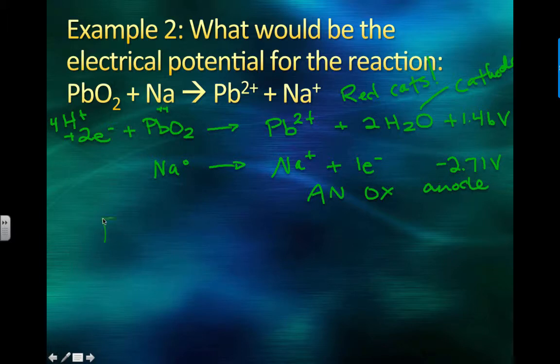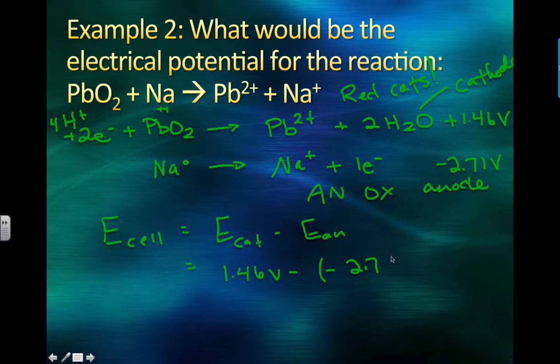Okay, so my cell potential is calculated by subtracting the potential of the anode from the potential of the cathode. Let's put our values in. 1.46 volts minus a negative 2.71 volts. This is going to give me quite a lot of energy, isn't it?